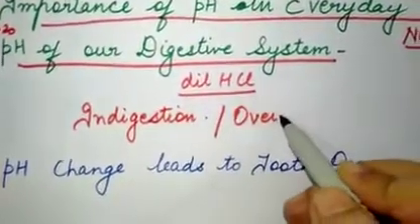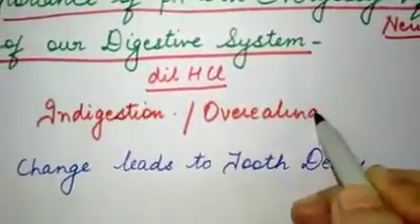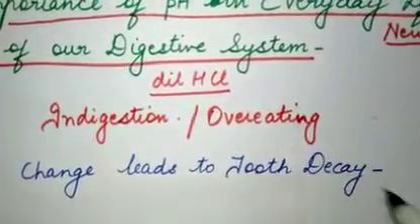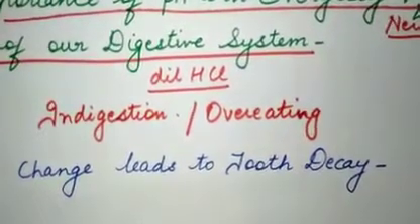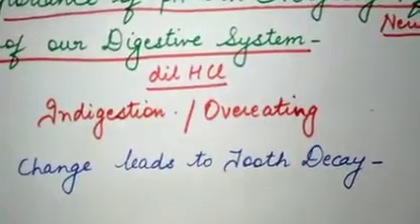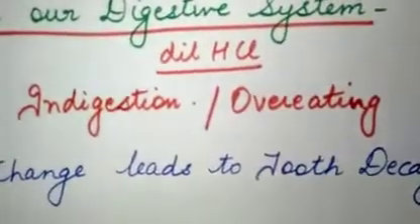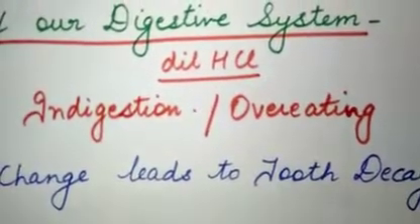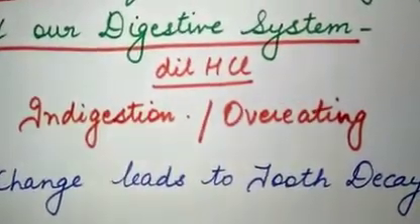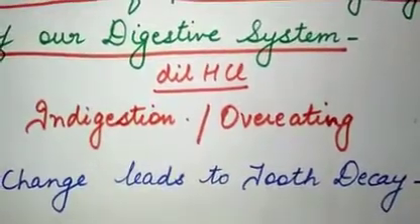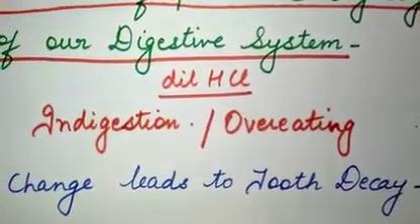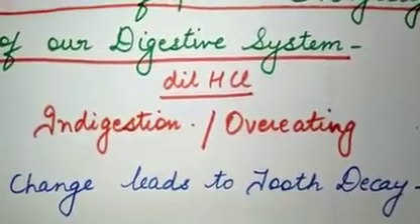Some people when they go to parties, they overeat, and this overeating causes stomach problems, and that is known as acidity. You must have heard many times that some people say they are suffering from acidity problems. So during indigestion or overeating, the stomach produces more acid, and this causes pain or irritation in the stomach.